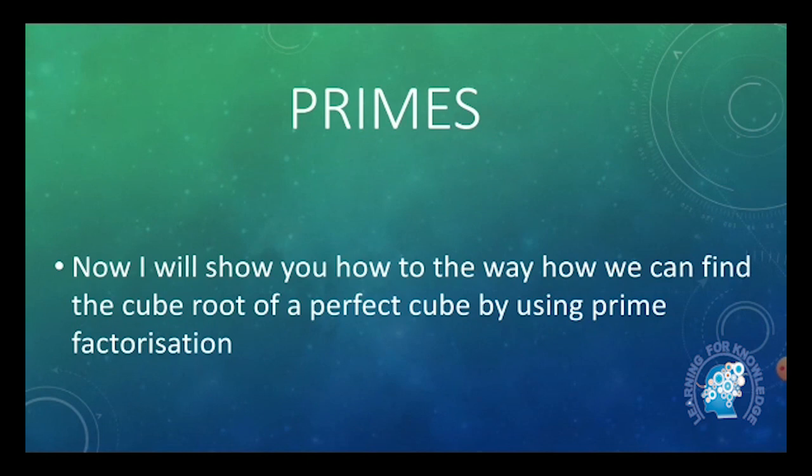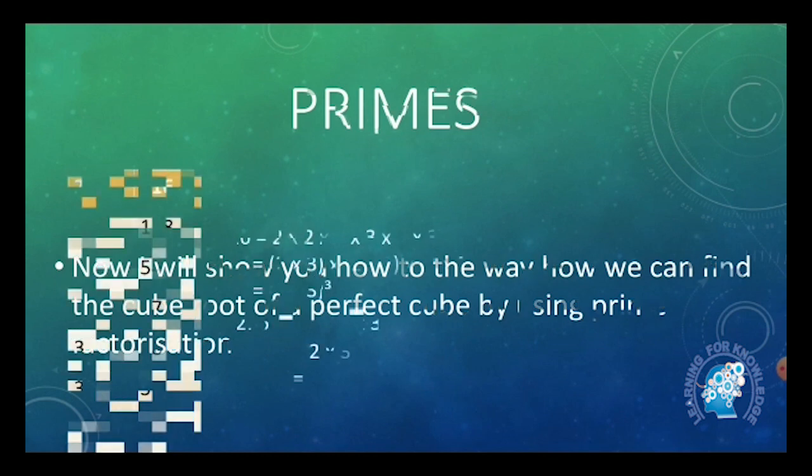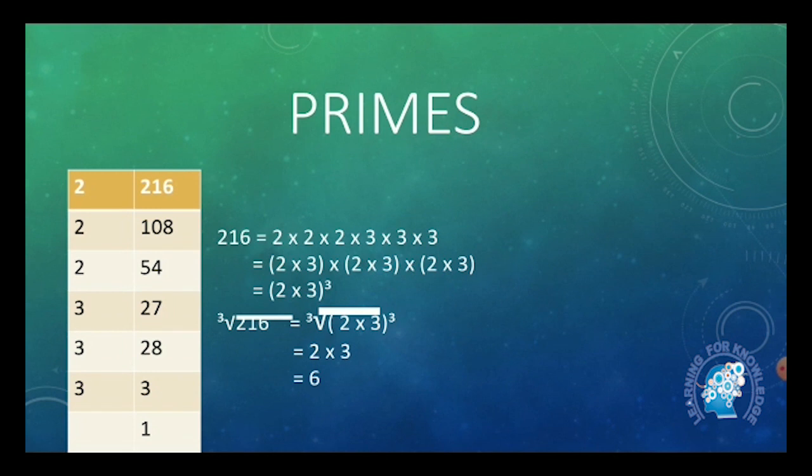Okay, now I will show you how we can find the cube root of a perfect cube by using prime factorization. Okay, as always, we draw a table and prime factorize the number. After prime factorization, we will write the number equal to all its prime factors. So in this case, 216 equals 2 multiplied by 2 multiplied by 2 multiplied by 3 multiplied by 3 multiplied by 3.